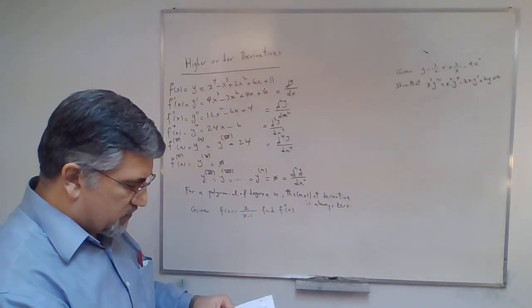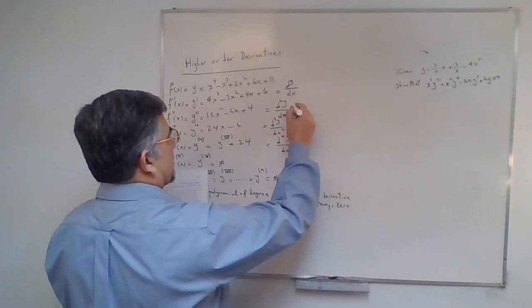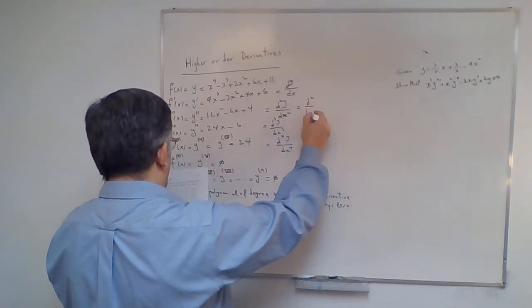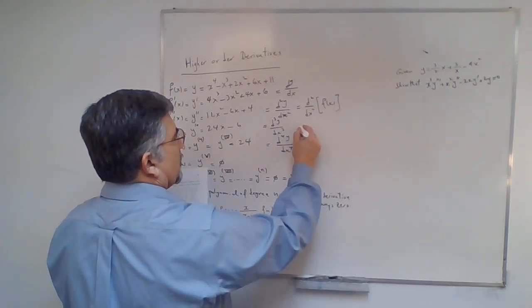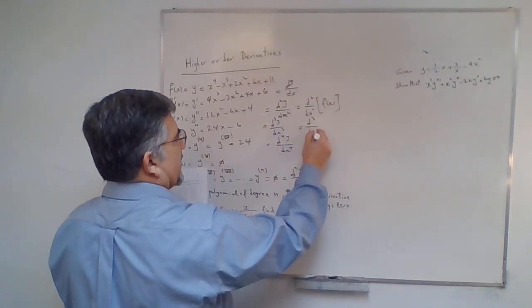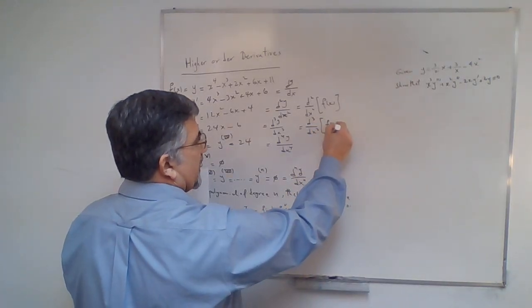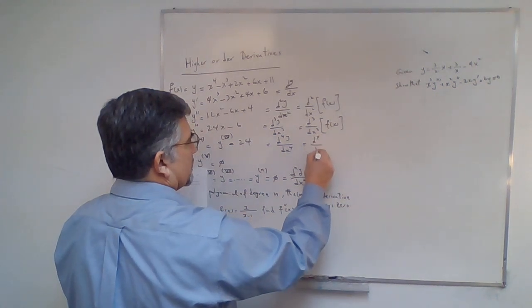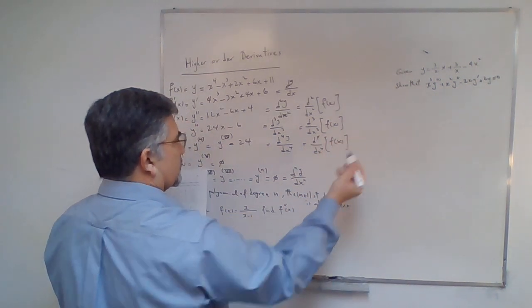And you can, of course, write other ways. For example, you can say d2 over dx squared of f of x. Or d3 over dx cubed, meaning the third derivative with respect to x of f of x. Or you can say d4 over dx4 of f of x. These are other notations.